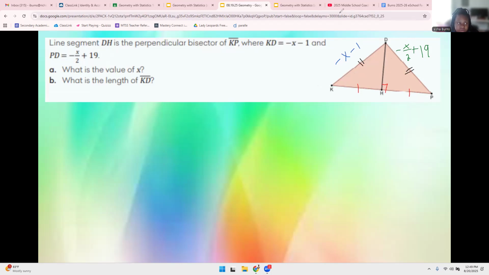Again, we discovered this through Desmos. As long as it's on that perpendicular bisector, it's equidistant from both of those vertices. So the equation we set up this time is going to be KD equals PD.